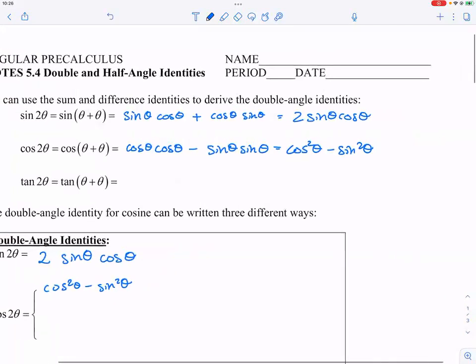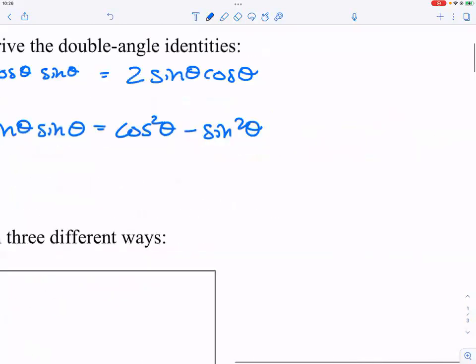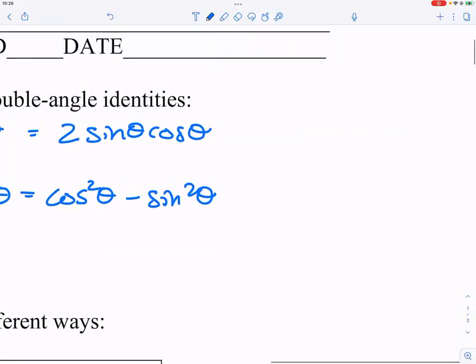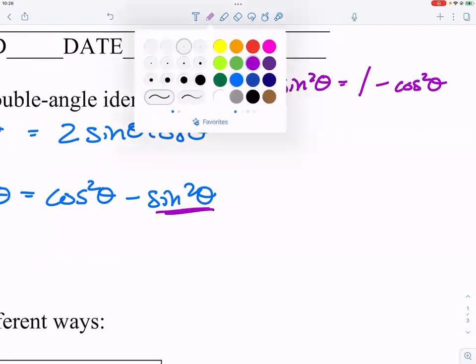And yesterday I kind of previewed this already. I said that because we see sine square theta and cosine square theta, and last week we talked about the Pythagorean identities. So we say, well, sine square theta is equal to 1 minus cosine square theta. So that means we can replace sine square theta with that 1 minus cosine square theta.